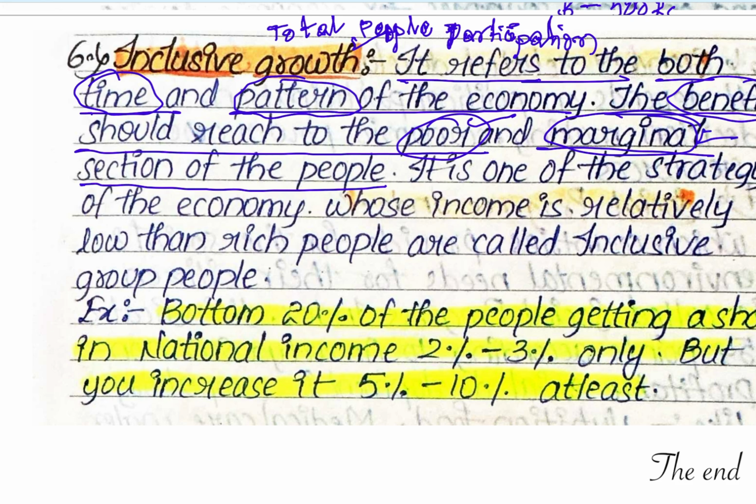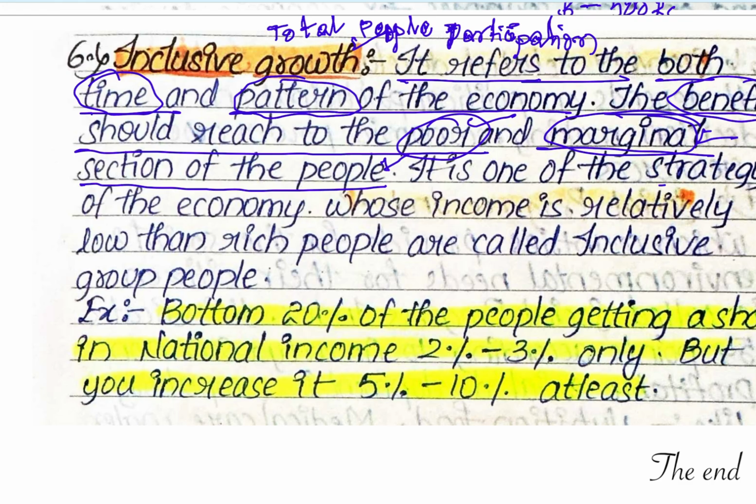Like in the agriculture sector, the additional population that depends on agriculture is called the marginal section of the people. So that benefit should be provided to the poor and marginal sections.